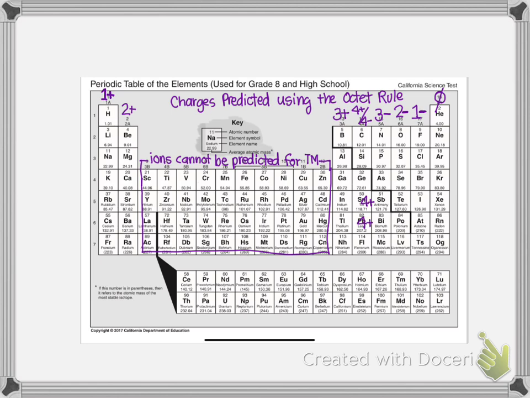But both lead and tin are large enough to handle a 4 positive. I know for a lot of people to say, well, we're not going to see it, but this is what we'd predict, feels unnerving. But that's sometimes how it is. So we have this nice pattern. I like the pattern.